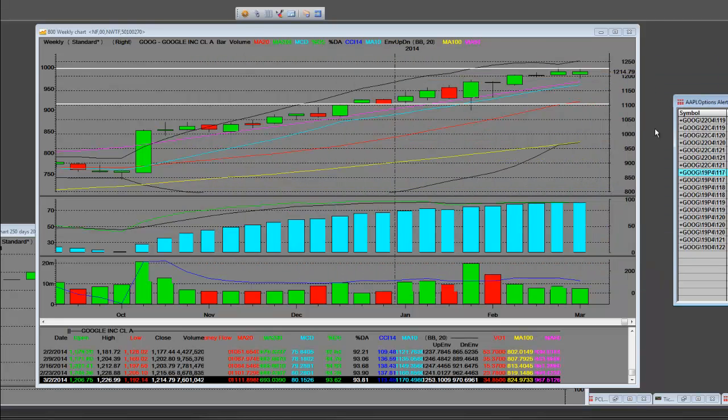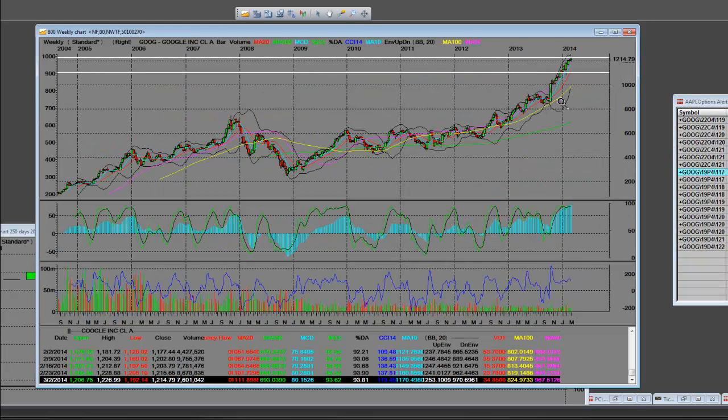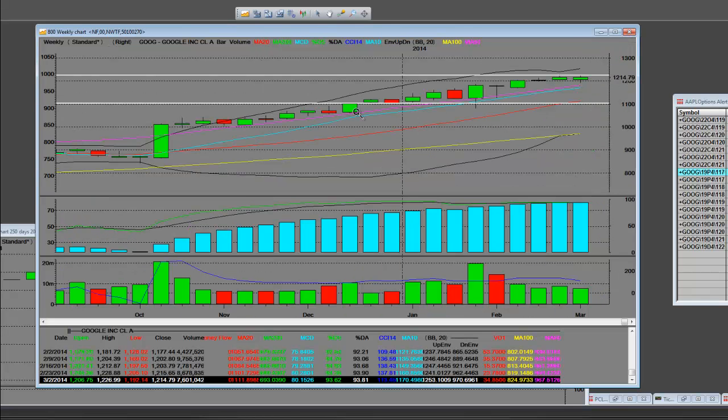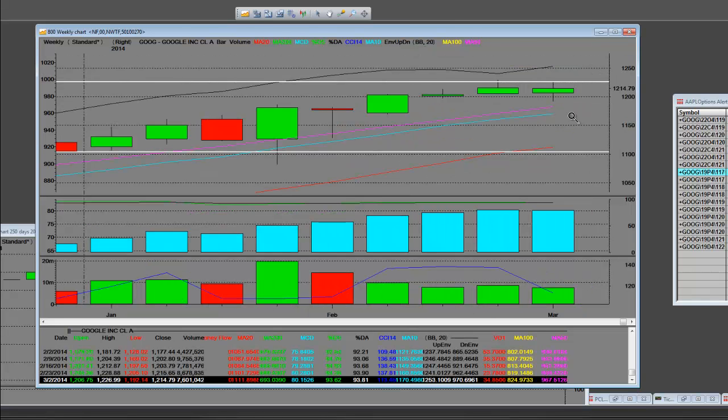So let's be clear that on a weekly level Google is in a short-term phase. It's overbought. Google is really not the same stock anymore that it once was. This valuation is, in our view, a little bit higher, but here is a 10-week, and most importantly about this chart is the 50-week moving average, which is right up here, so we're just going to take this part of the year.